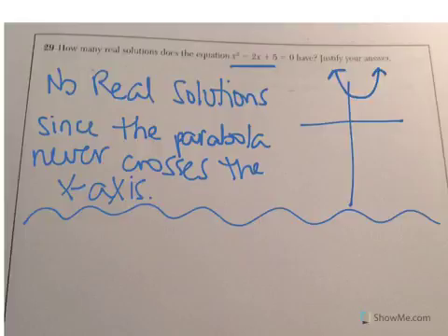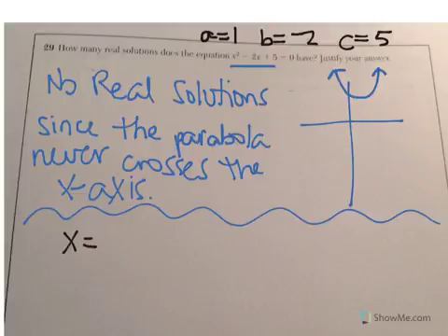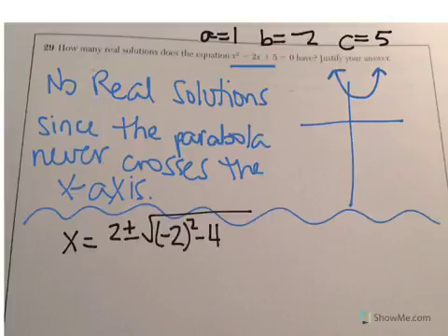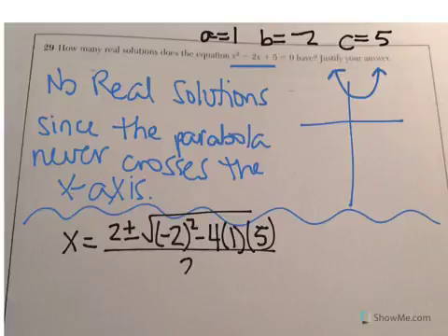The other way would be algebraically, and you would use the quadratic formula. So to use the quadratic formula, you would say a is 1, b is -2, and c is 5. And you would plug it into the formula, so it would be x equals 2 plus or minus the square root of -2 squared minus 4 times 1 times 5, all over 2 times 1.